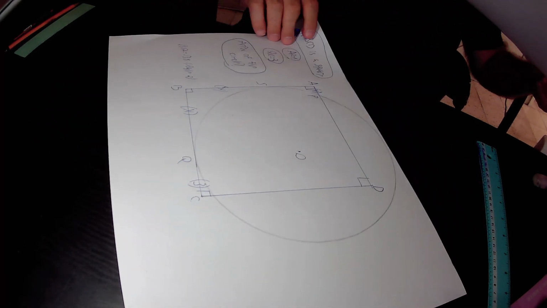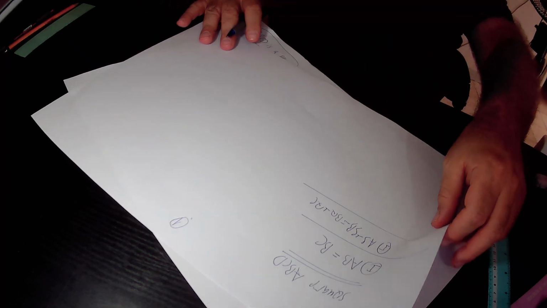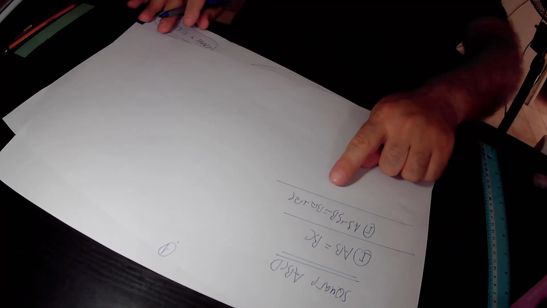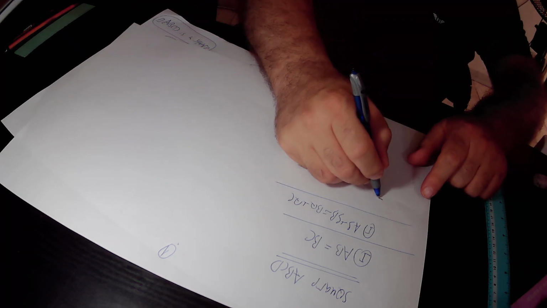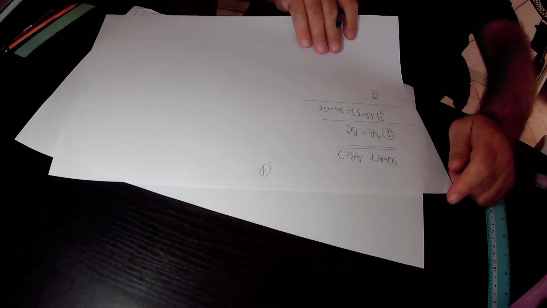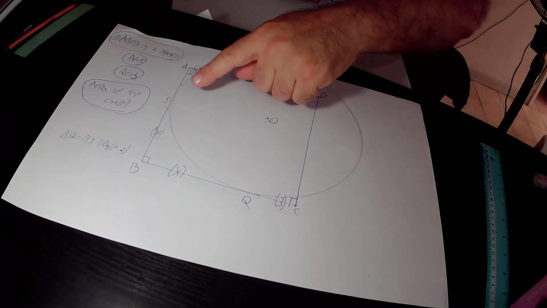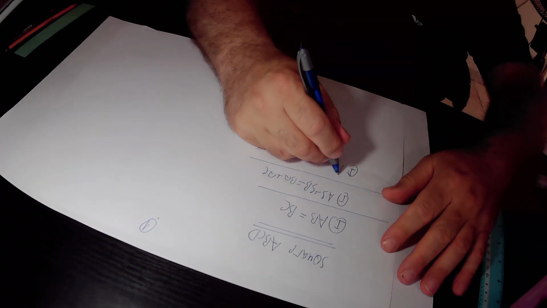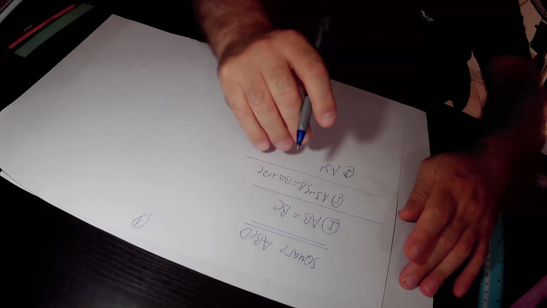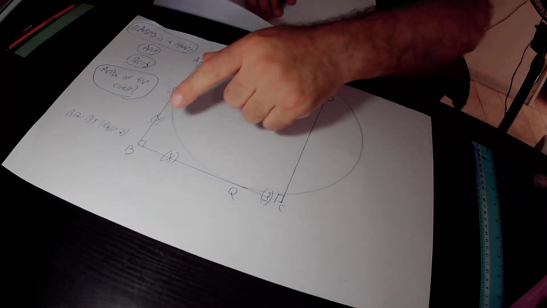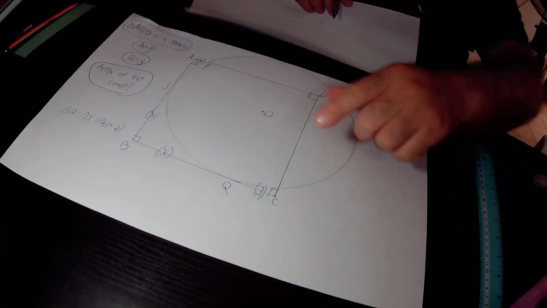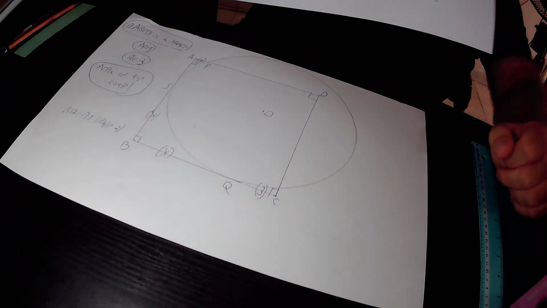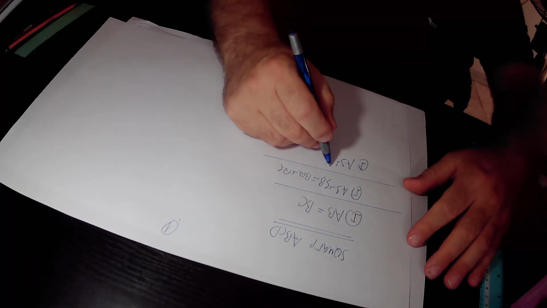According to equation 1, we found that AS plus SB equals BQ plus QC. AS is the missing side, so we leave it as it is. SB equals x, so we substitute SB by x.